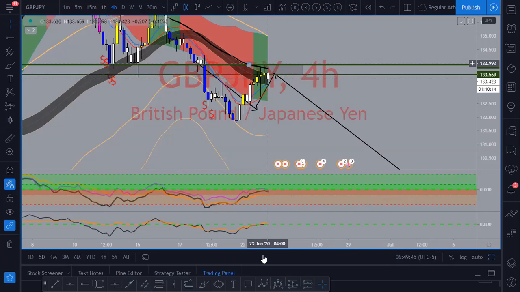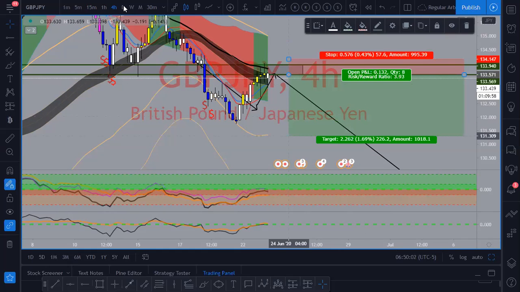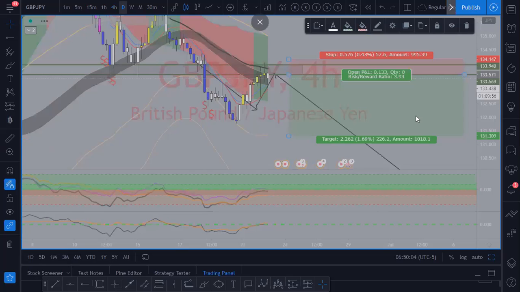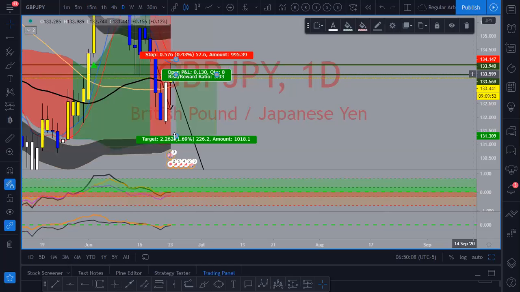If it could come back up and give me a slightly better entry right here, then my stop loss would be at 134.150, and I'd gladly take this lower if it is going to make a lower low, which is again what I wanted to do.